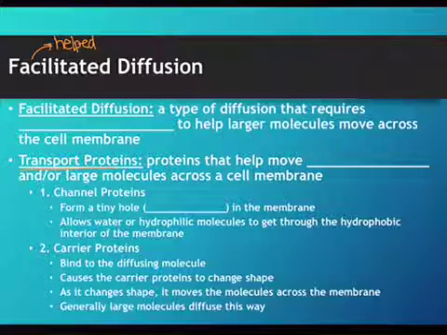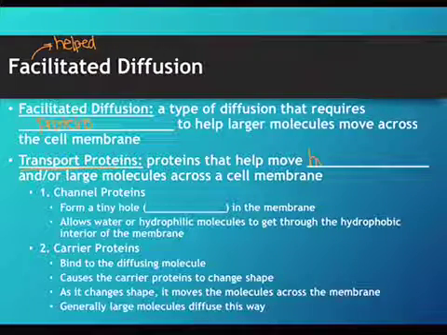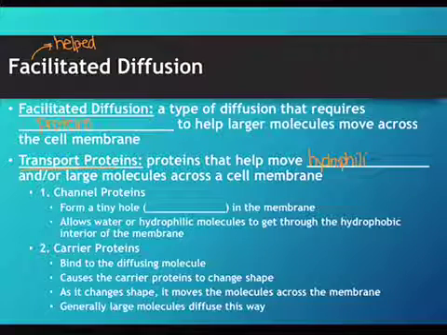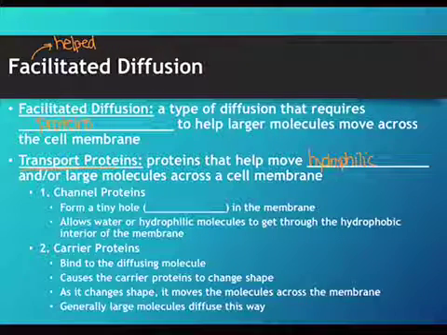So facilitated diffusion is the type of diffusion that requires proteins to help larger molecules move across that cell membrane. So a transport protein is a protein that helps move hydrophilic molecules across the membrane, or it will help large molecules.